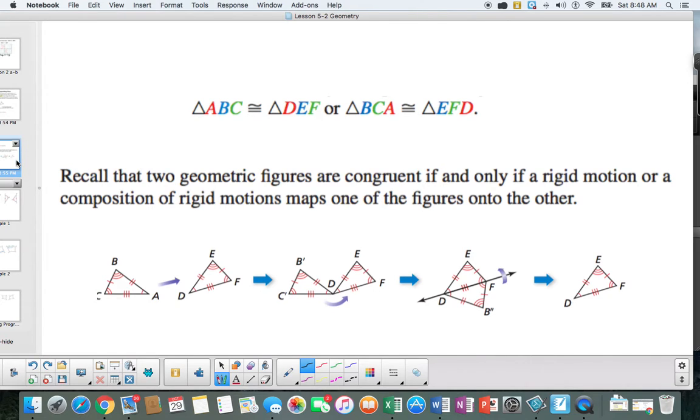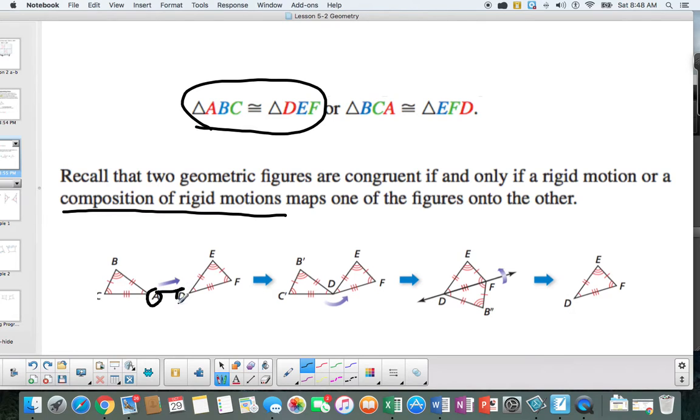All right, one more time. A figure is congruent to another figure if we can see the composition of rigid motions. Let's go through this process. To show that this triangle is congruent to this one, I am first going to use a translation to force point A to match point D, and that's what's happening right here.